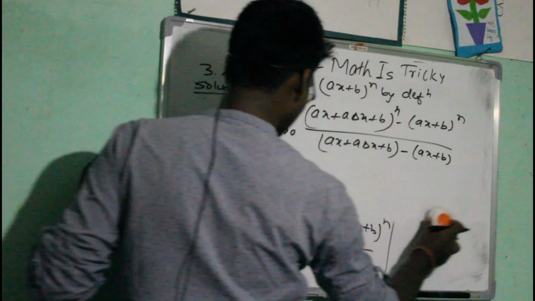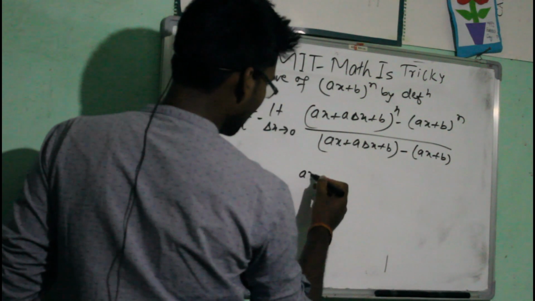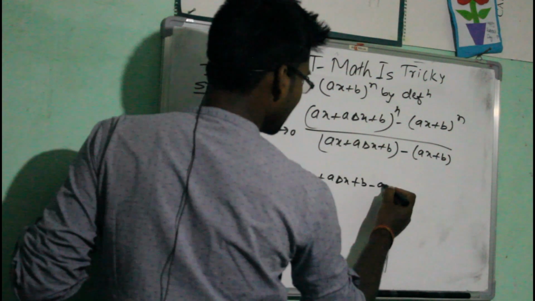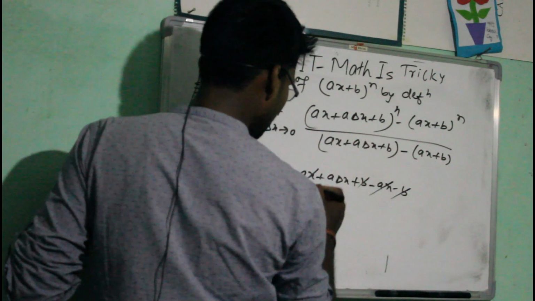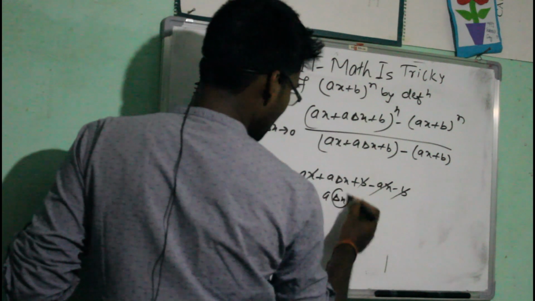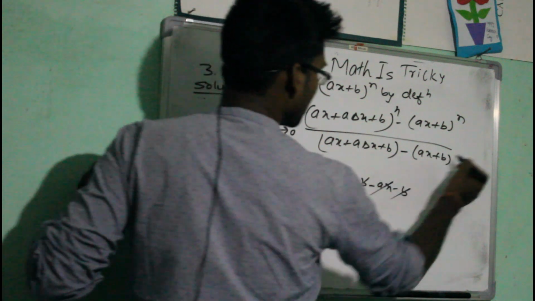Let's see what we are getting. So you just simplify this. If you simplify a x plus a delta x plus b minus a x minus b, you can see b and b cancel, a x and a x cancel, so we are getting a delta x. This was already there, so we need to balance this, so just put a here.